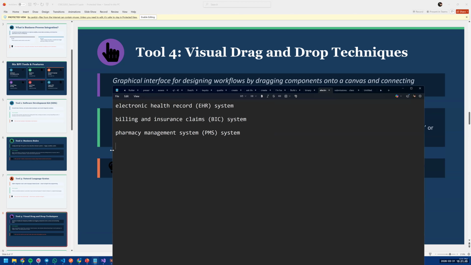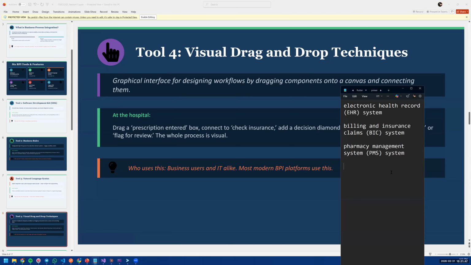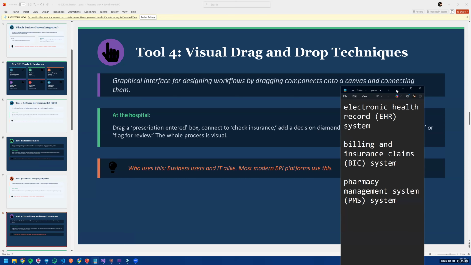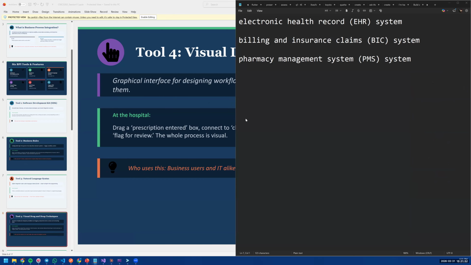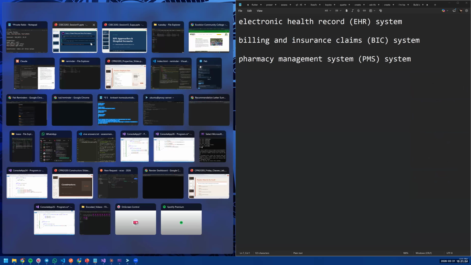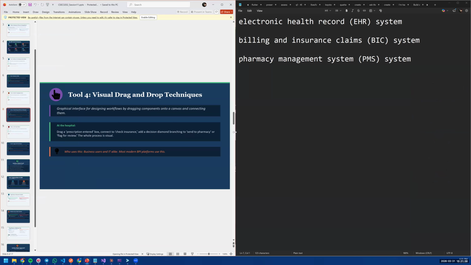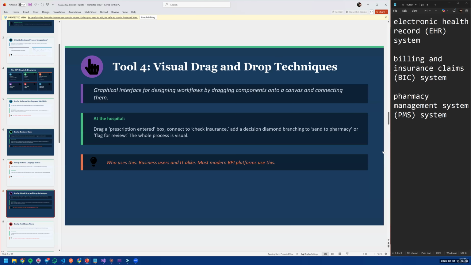All right, so these are the three systems that we want to have integrated. And I'm going back to this slide. Give me one sec.